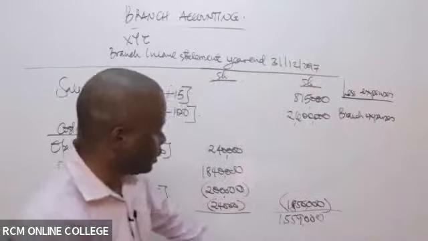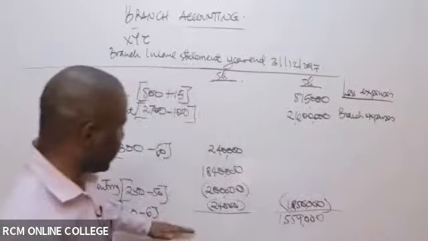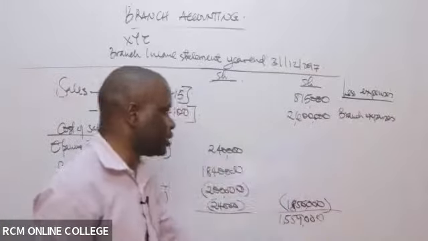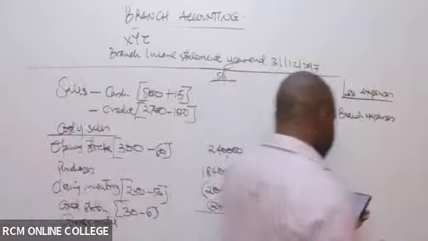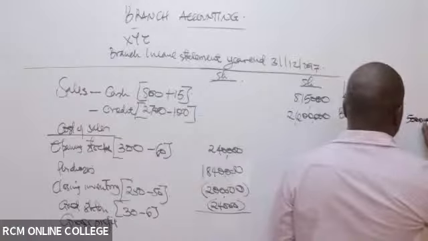You continue here. I've started writing on the side because I can see you can't see it here, so I've moved here so you can see it. You less expenses from this gross profit. The branch expense is actually 500,000.